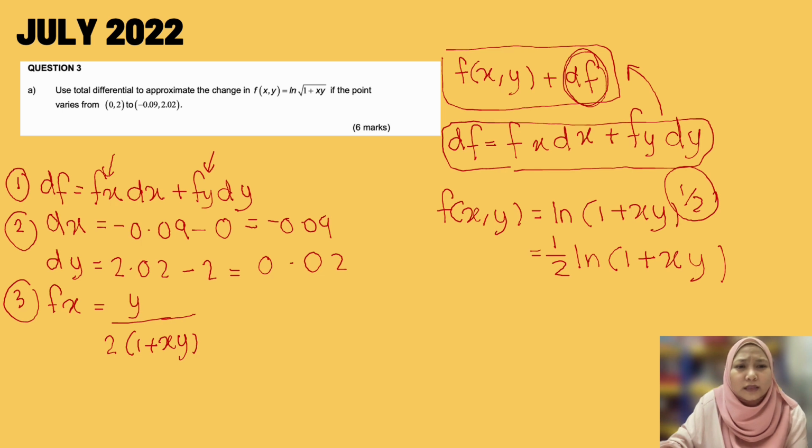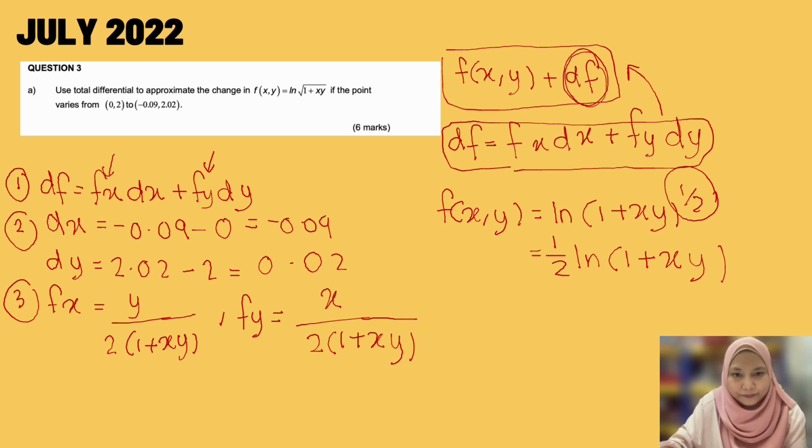Then we differentiate the same function with respect to y, and you get x over 2(1 plus xy). Because when we differentiate log functions, we get 1 over the function, and then we need to differentiate the function inside, and then you will get this.